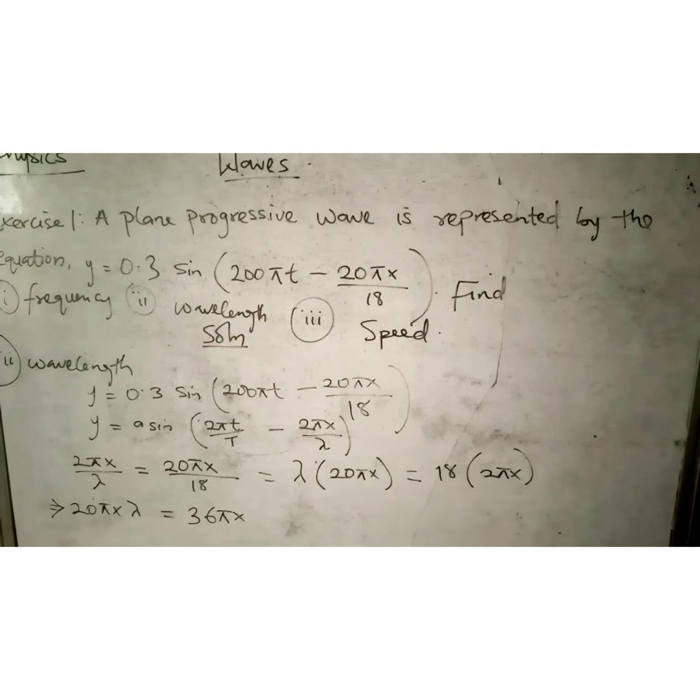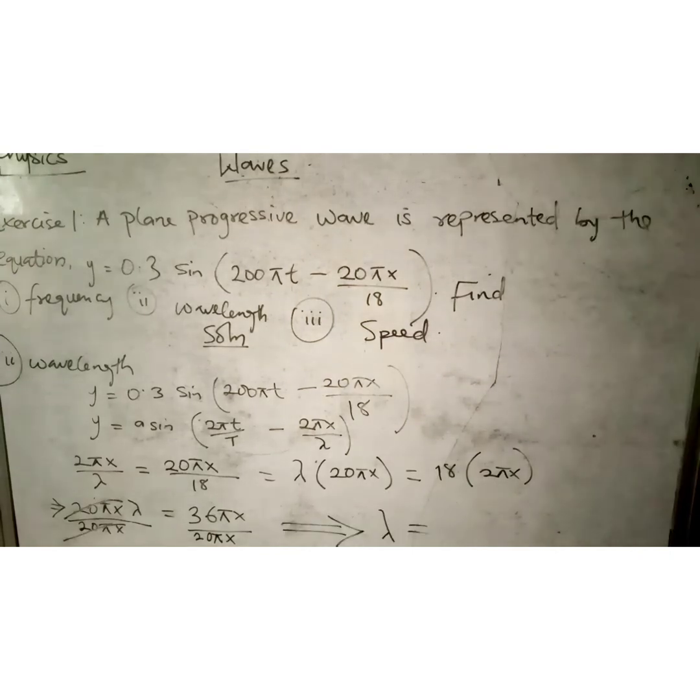The next step is to divide both sides by 20 pi x. 20 pi x wavelength divided by 20 pi x gives us wavelength, as we cancel these and are left with wavelength.